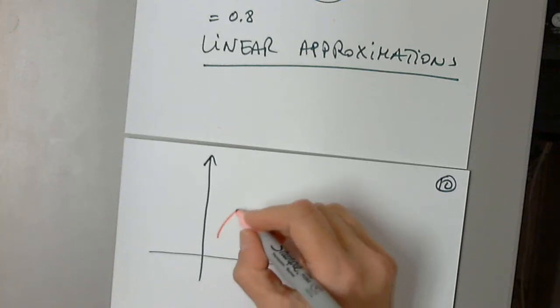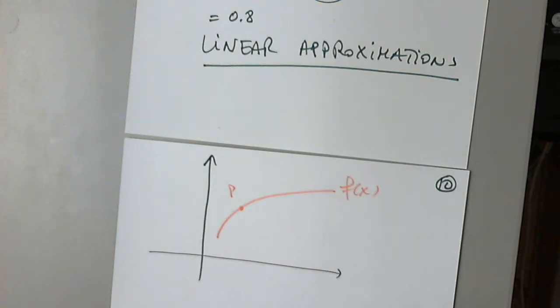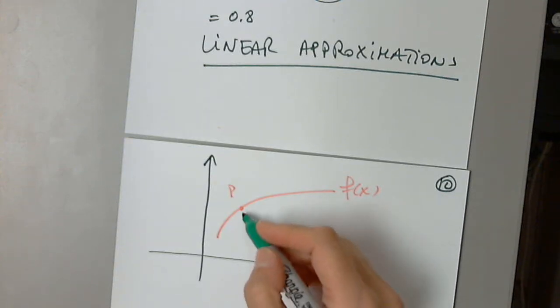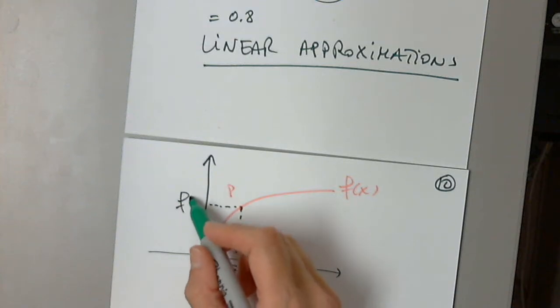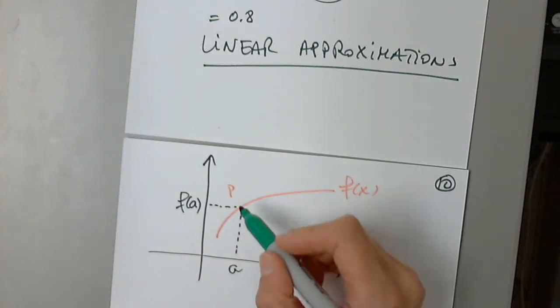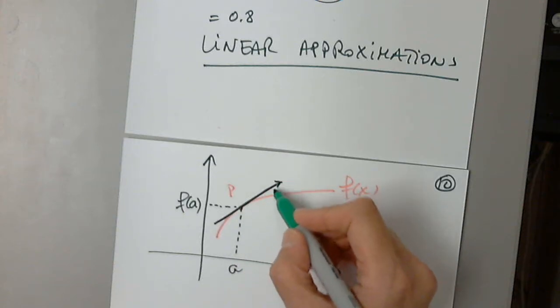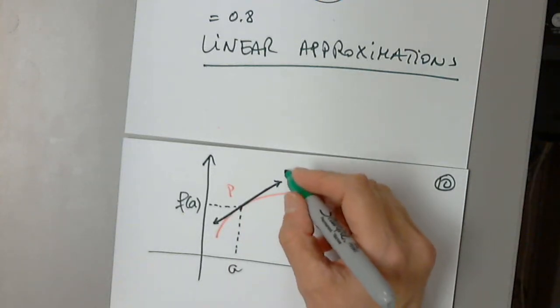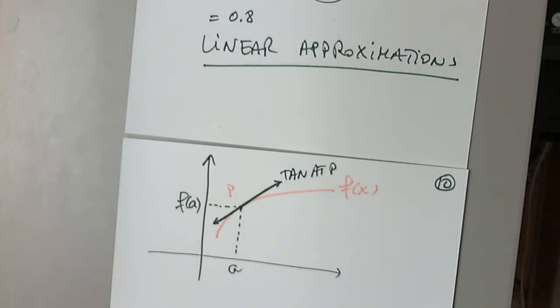Here it is. Of course, f of x. Of course, P. And this time, P has a, f of a. And I claim, and you'll tell me whether you agree with this, here's my claim.